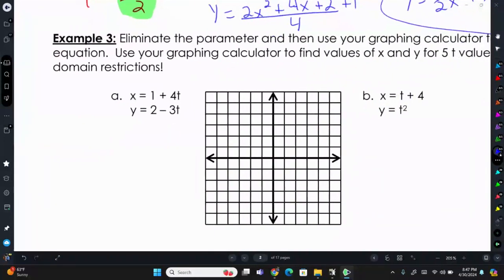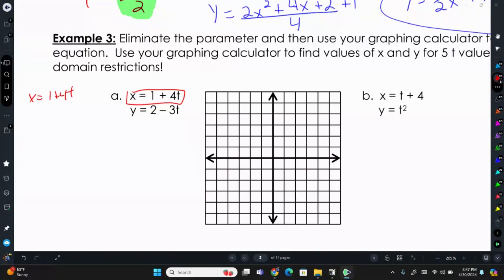So first thing I want to do is eliminate the parameter. And again, it doesn't matter which variable you solve for, you just want to get t by itself. I always like to work with the top equation, but this one is equally as difficult. Like I don't have a t squared or a square root or a fraction. So they're both probably equal difficulty to work with.